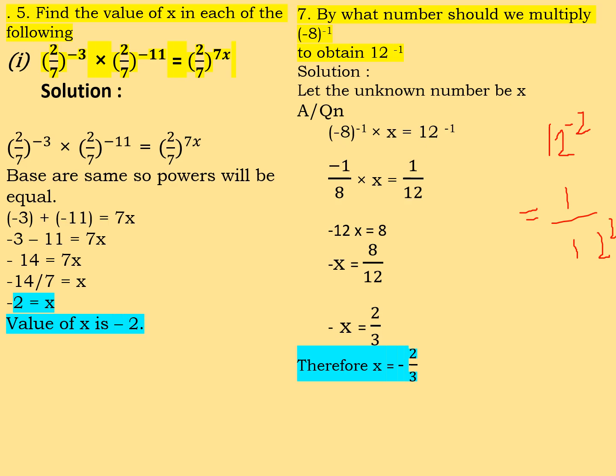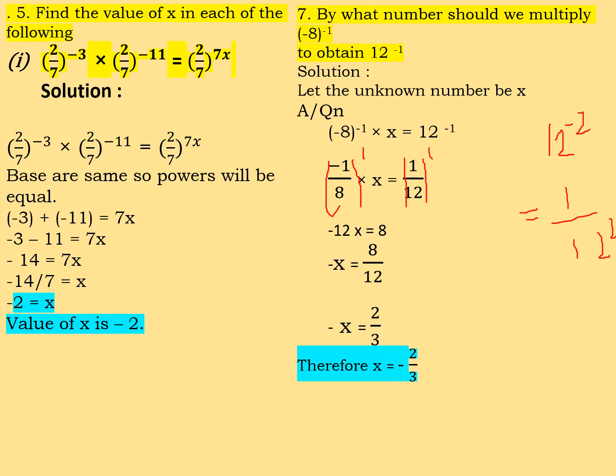So minus 8 to the power minus 1, how will you write? Minus 8 is inverted to minus 1 by 8 and now the minus 1 became a plus 1. So it has a power of 1 which is not written here. That is anyways understood, isn't it? I told 1 by 12 to the power 1 is 1 by 12 only.